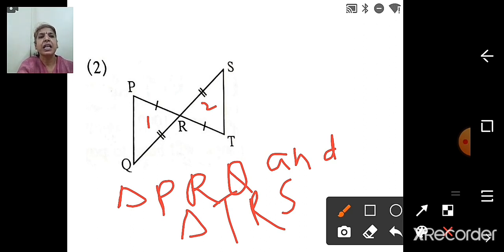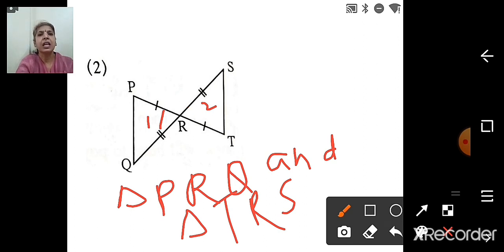Now what are the identical marks? If you see the identical marks, PR is congruent to TR. Side QR is congruent to side SR. So if you observe the figures, you will find two identical marks are given, but we require three specific parts. Then which is the third one? You have to find out that. These are the vertically opposite angles which are congruent.